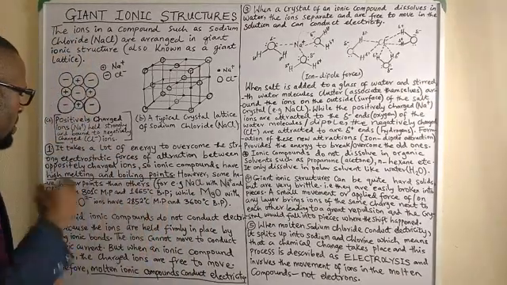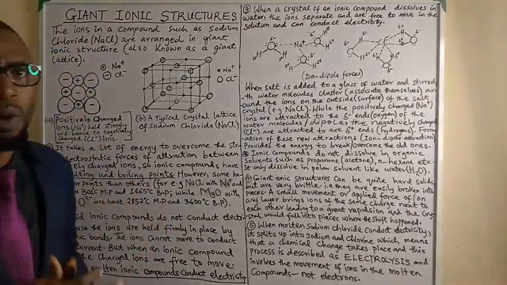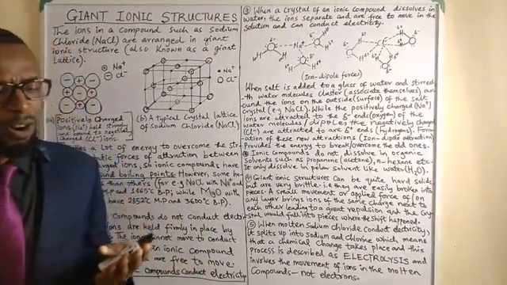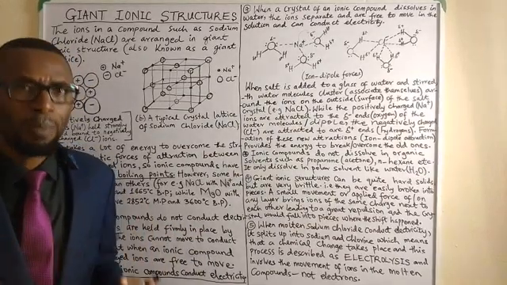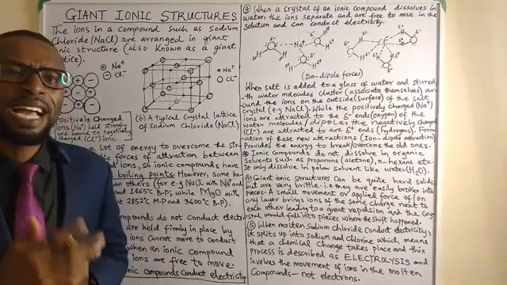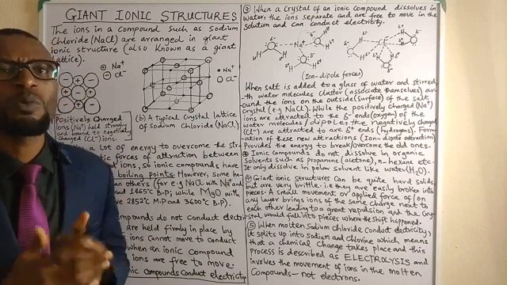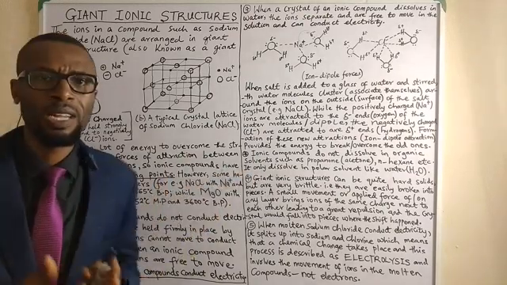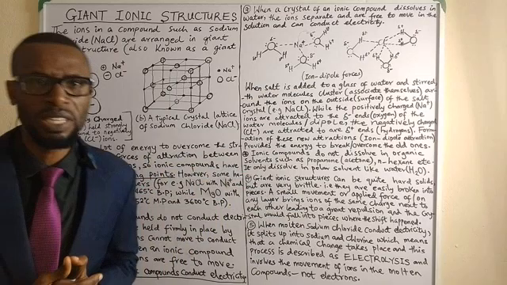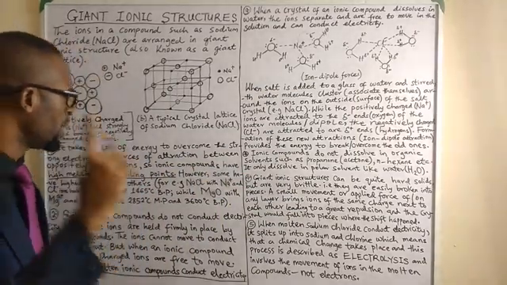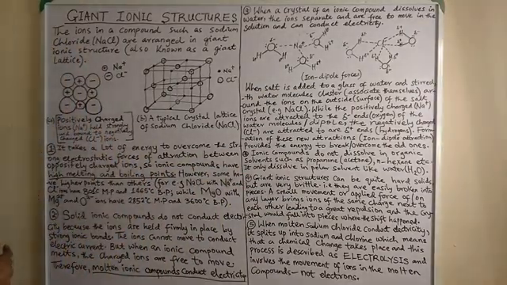By consequence, the higher their melting points when placed side by side with other ionic compounds with lower magnitude of charges. And that is what was expressed to us when we discussed Coulomb's law and lattice energy being the expression of Coulomb's law. Now, that said, let's move to the second point.